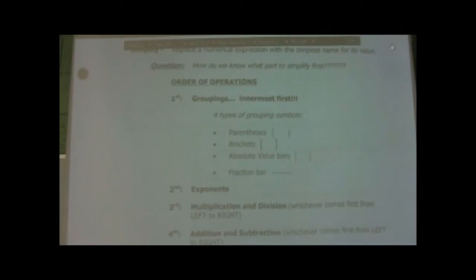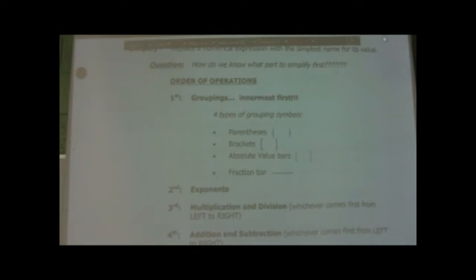After you do the groupings, we move on to the exponents. Third, multiplication and division, but be aware, it's not multiplication first, then division. It's whichever comes first from left to right. There we go, a little clearer.